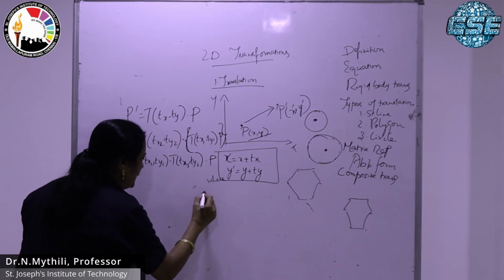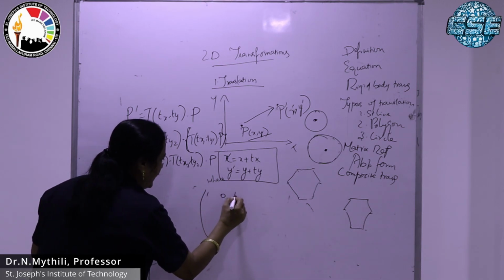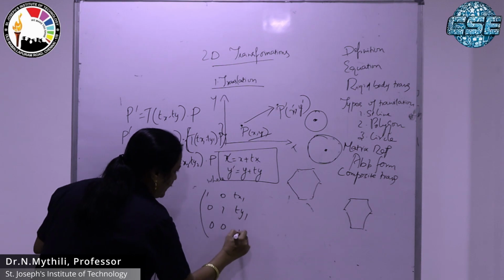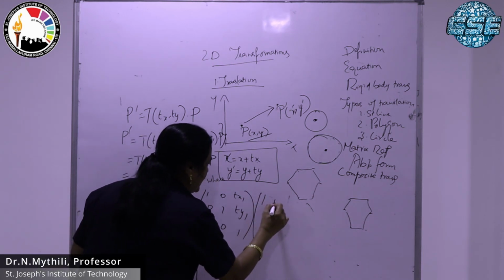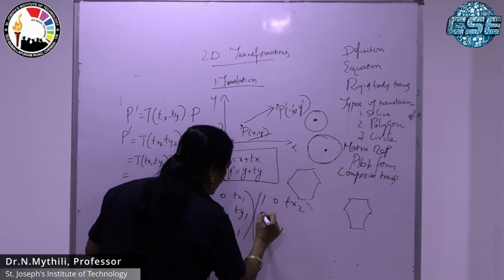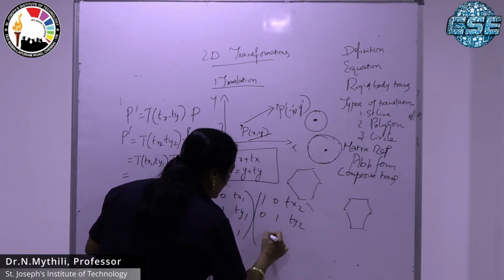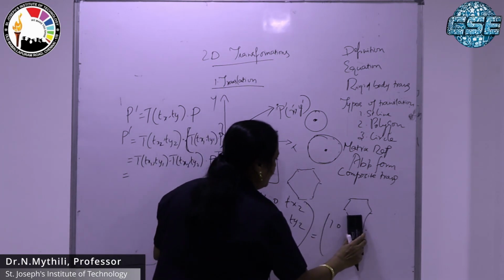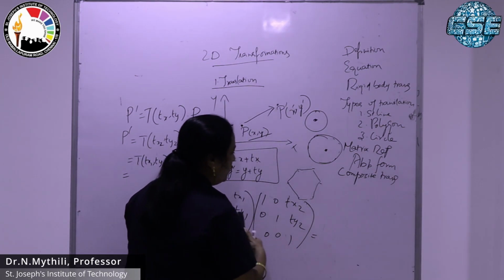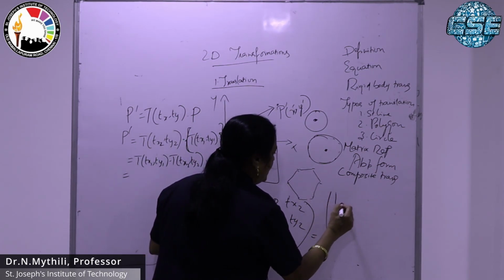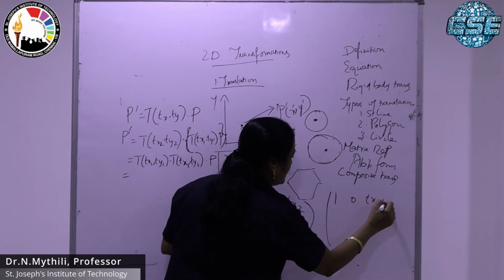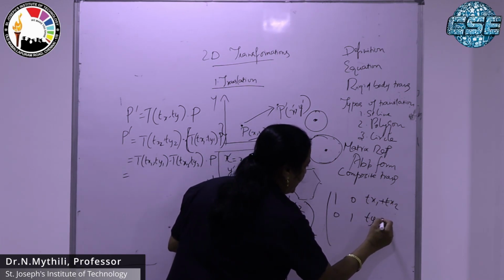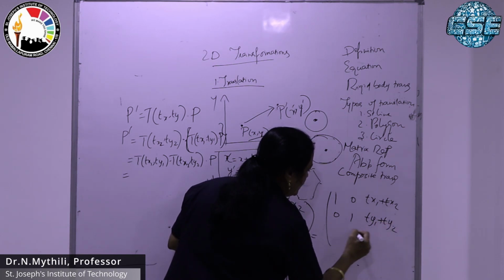Now the composite transformation matrix is [1 0 tx1; 0 1 ty1; 0 0 1] into [1 0 tx2; 0 1 ty2; 0 0 1], which is equal to [1 0 tx1 plus tx2; 0 1 ty1 plus ty2; 0 0 1].